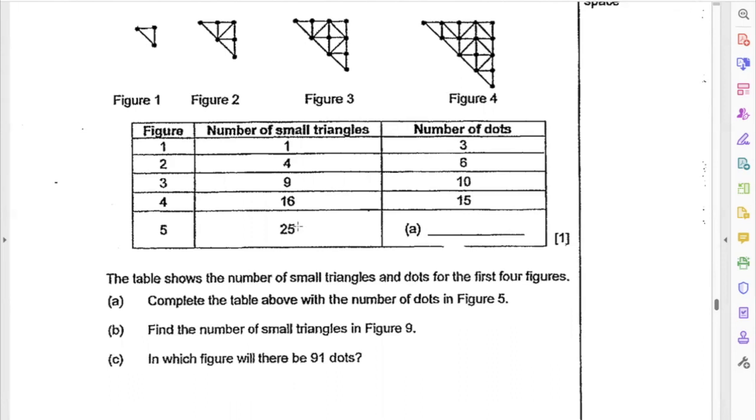So we look at the pattern here, look at the numbers. These are square numbers. A square number is a number multiplied by itself. 2 times 2, 3 times 3. So it's pretty easy. Figure 5 is 5 times 5, figure 4 is 4 times 4.